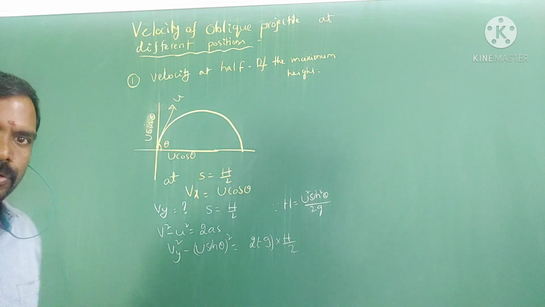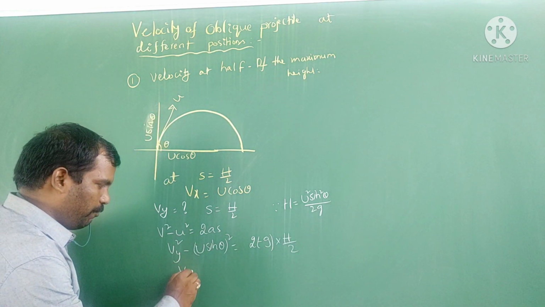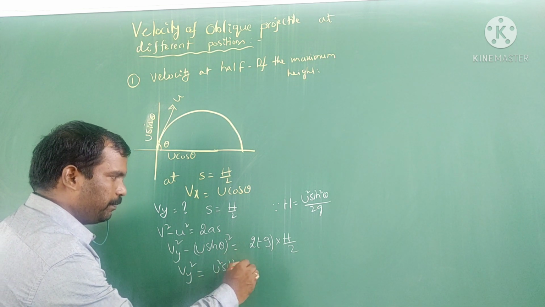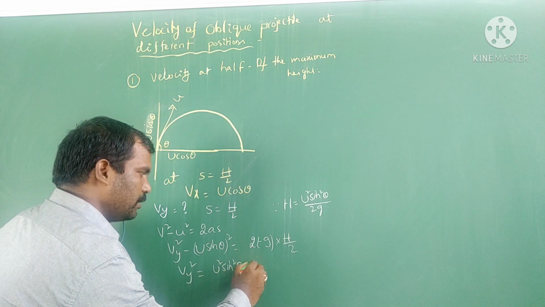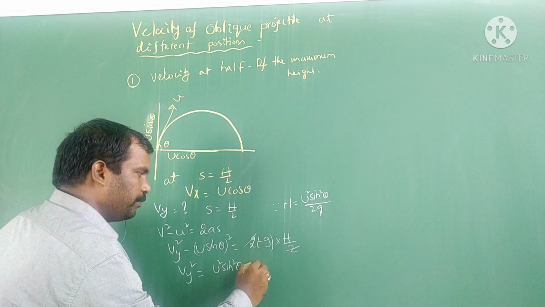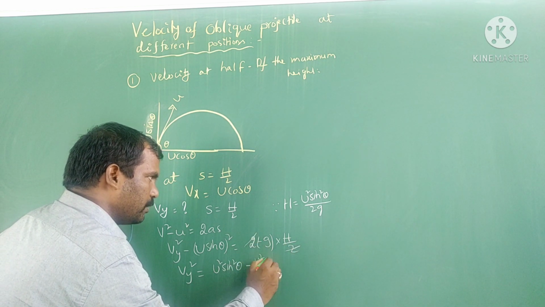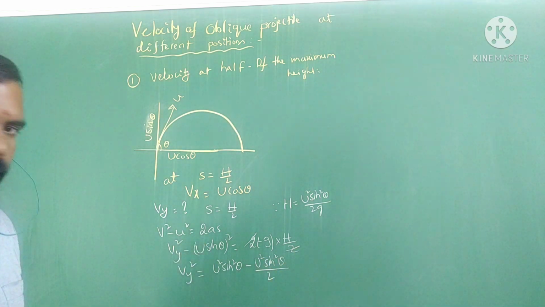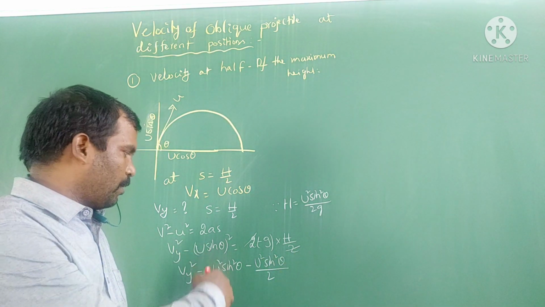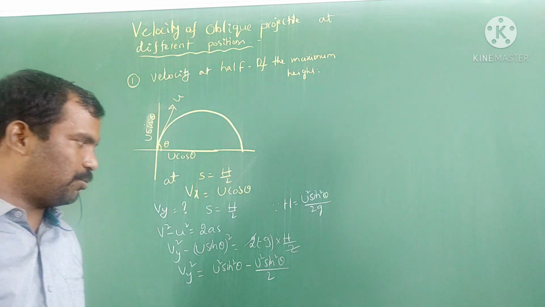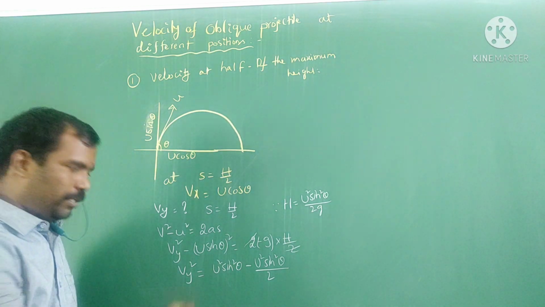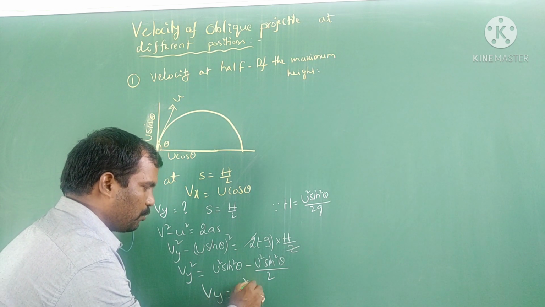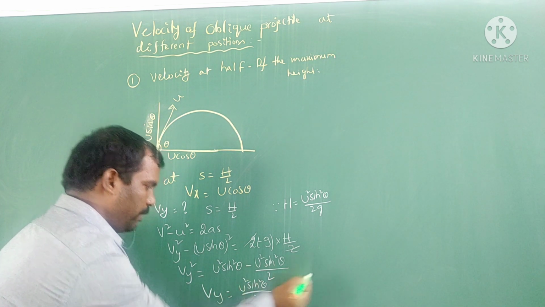This value: vy square is equal to u square sin square theta minus 2 cancels here, u square sin square theta by 2. g also cancels there. You get u square sin square theta minus u square sin square theta by 2. This gives Vy square is equal to u square sin square theta by 2.